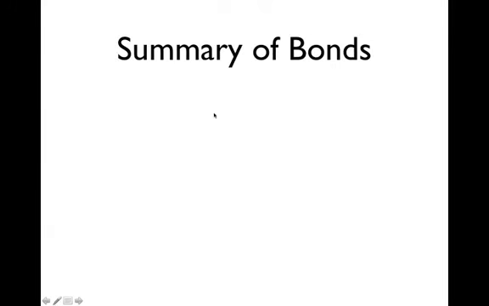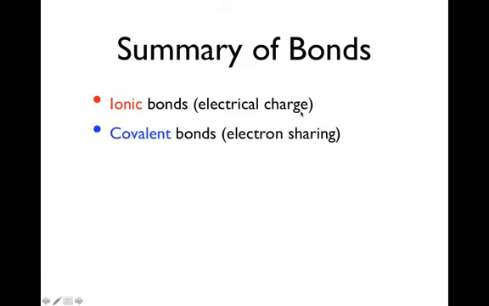So to summarize, this unit was all about bonds and how atoms attach to each other. There are two major types of bonds, ionic and covalent bonds. Ionic bonds are caused by electrical charges between atoms, causing the atoms to be attracted to each other. Covalent bonds attach atoms to each other because of sharing of electrons.